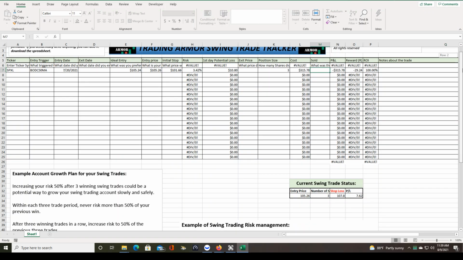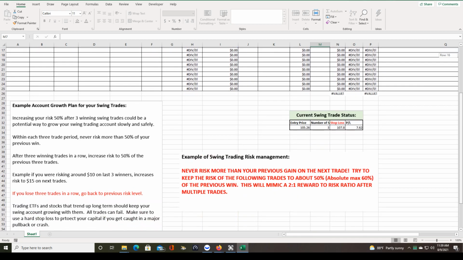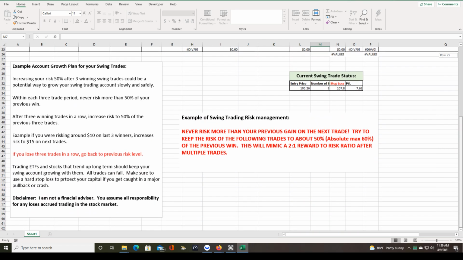Once we have all of that data, then we can start to plan our next trades, and I put in a couple of text boxes to just try to give you some ideas. This is not financial advice, but this is the way that I work on these swing trades myself. After winning 3 trades, you might want to increase your risk by 50% just to see if you can continue to grow your account.